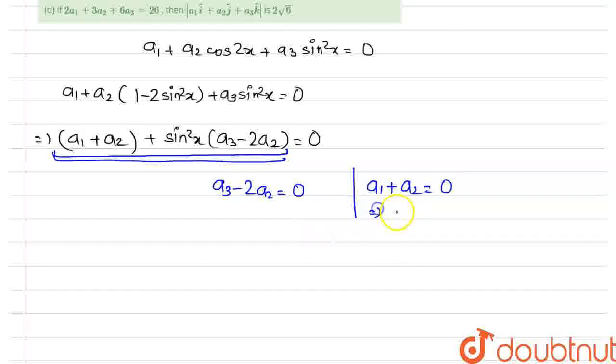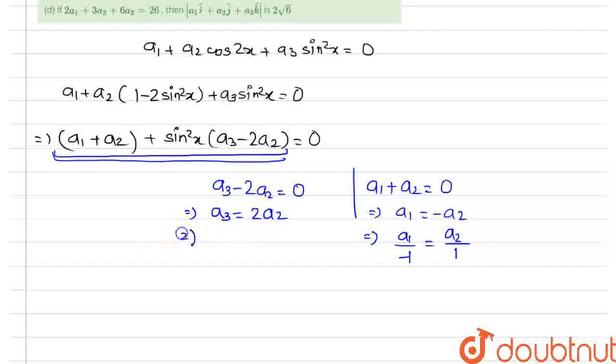So from here we will have a1 equals minus a2, which implies a1 by minus 1 equals a2 by 1. Also from here we will have a3 equals 2a2, that is, we will have the value of a2 by 1 as a3 by 2.